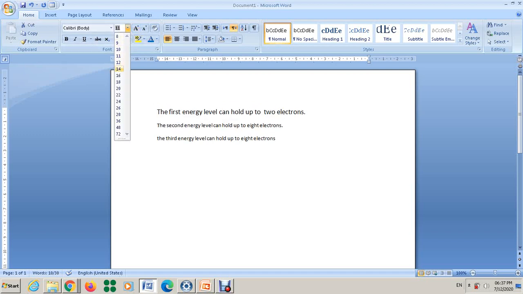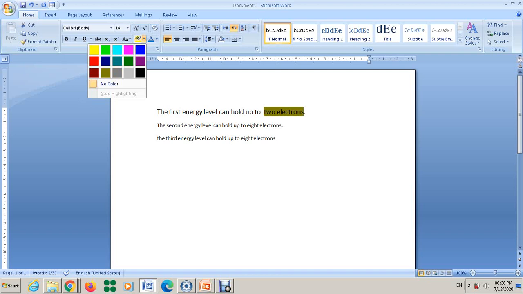which means the first ring in the Bohr model for the atom can hold how many electrons? Maximum, it can hold 2 electrons. Can it hold 1? Yes, it can hold 1 electron, but maximum, 2 electrons.